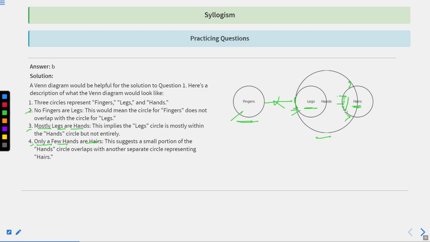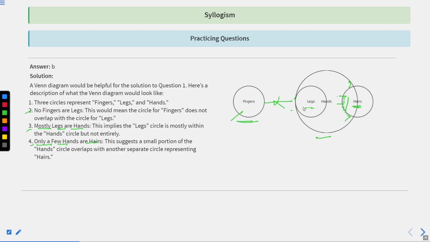Now if the question asks you, sir, do you see any relation between hairs and legs, because it is not written in these statements. And if the statement had mentioned that some legs which are hands are also hairs, then we would have made a circle like this. If the statement provides such disclosures. If the statement is not providing such disclosures, we are not supposed to assume by ourselves.